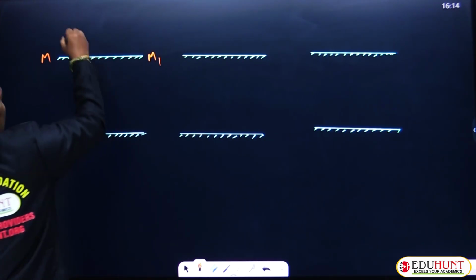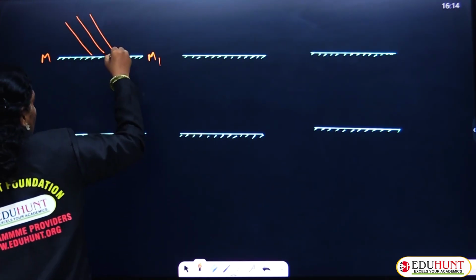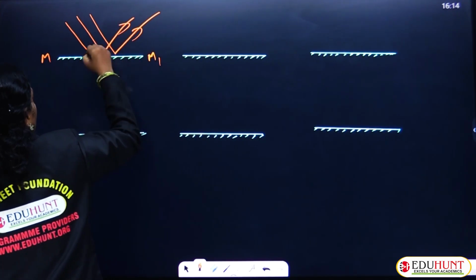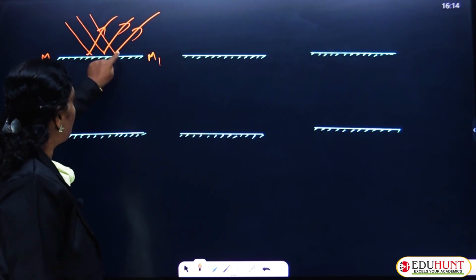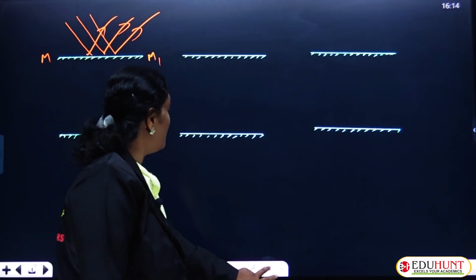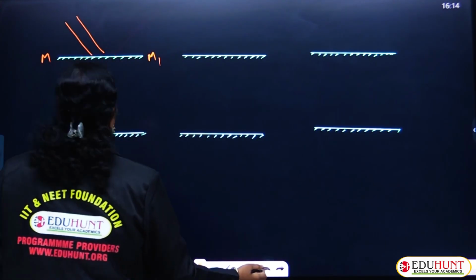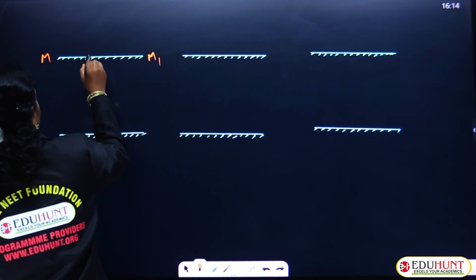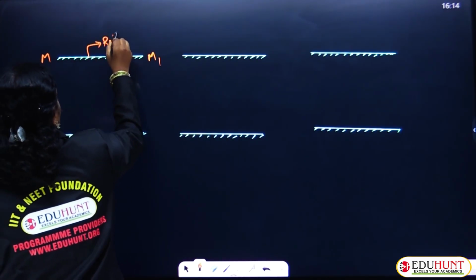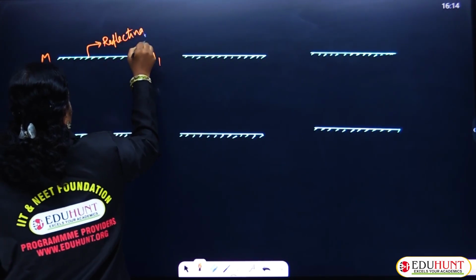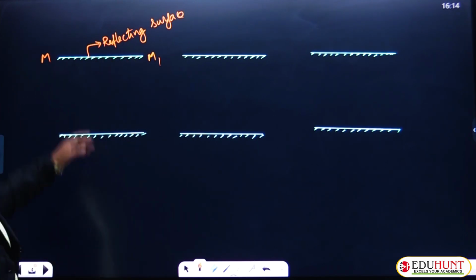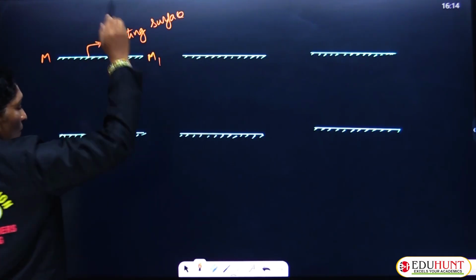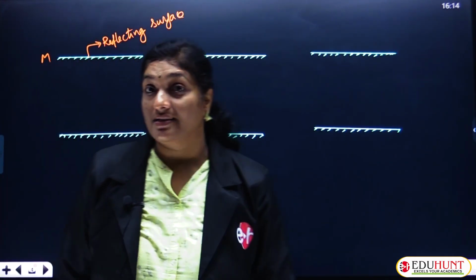Whenever light falls on this smooth surface, it is reflected back. Hence this portion is called the smooth surface or reflecting surface. Whereas the bottom one is coated with silver, which is called silver lining.